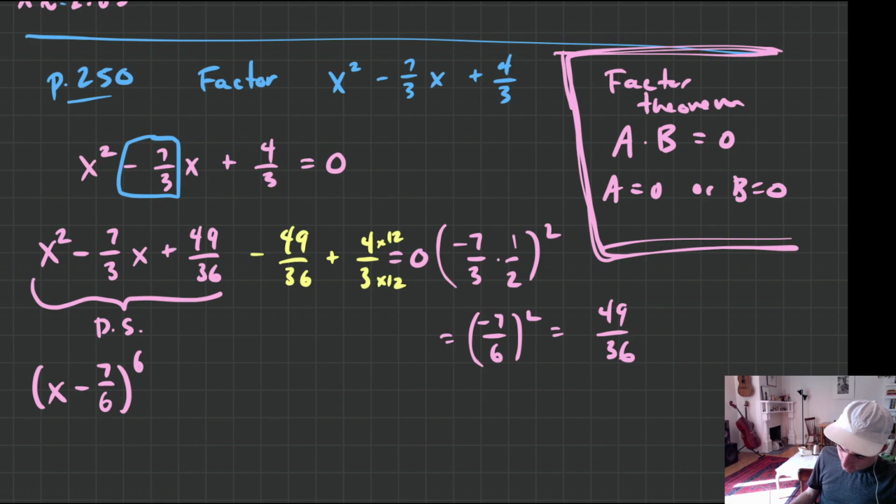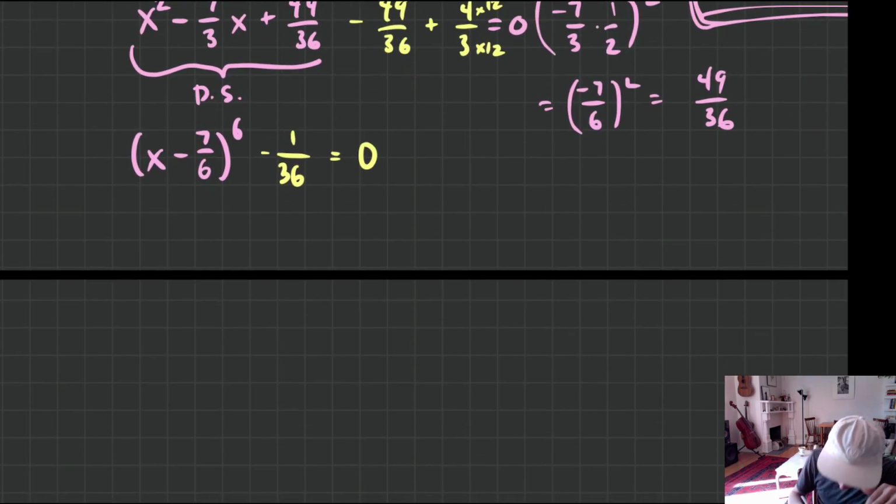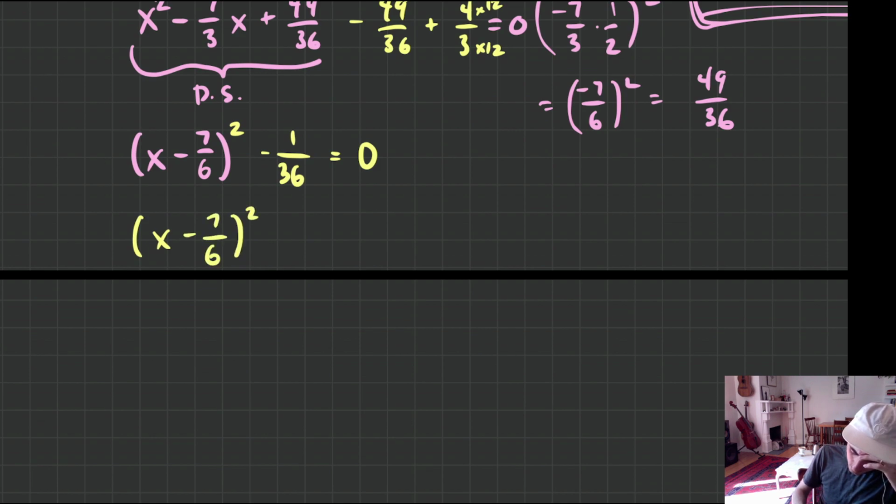So I've got negative 49 plus 48, so that's negative 1 over 36. So I'll bring the 36 over to the other side, and I'm left with x minus 7 over 6 squared equals 1 over 36. I don't know why this is a 6. This is supposed to be a 2.